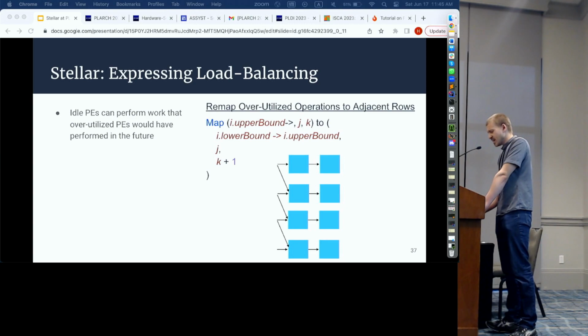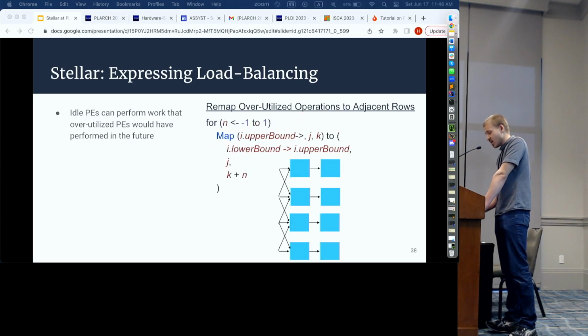So our DSL allows users to specify if they want PEs that are normally responsible for some computations or abstract iteration space to also be responsible for other computations whenever workloads are imbalanced between PEs. So although the exact implications of the load balancing strategy might depend on the dataflow or the sparse data format, the user can still specify the load balancing remappings completely independently of the dataflow or anything else, just based on how they want work to be distributed across the initial abstract iteration space itself.